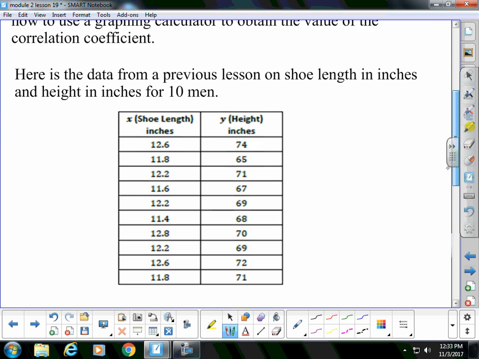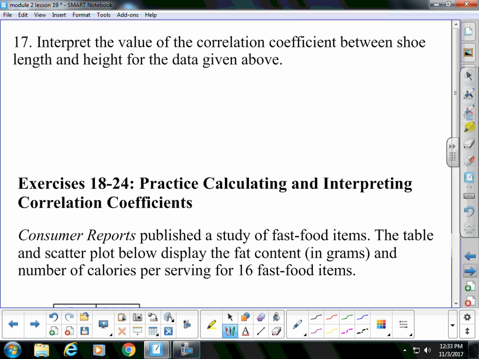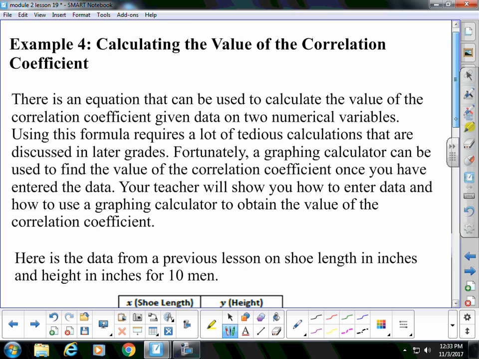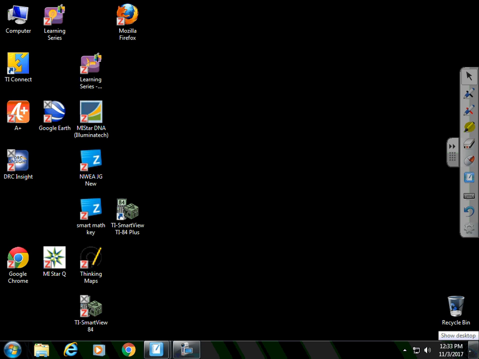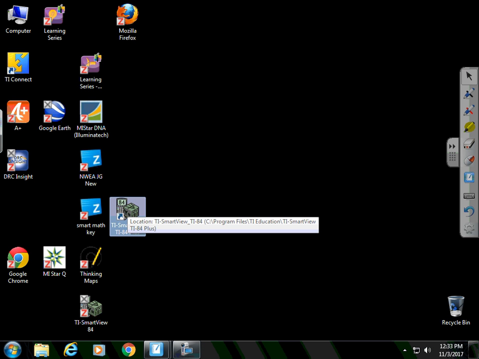Here's some data from the previous lesson about the 10 men and their shoelaces. We're going to enter that data into our graphing calculator. I have to turn mine on; I haven't used it yet today.